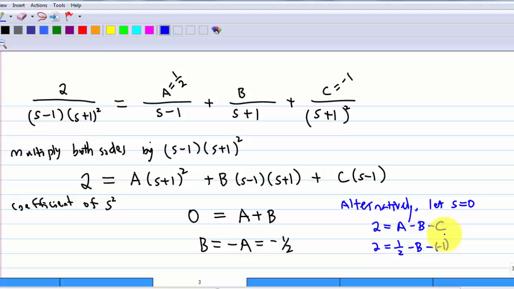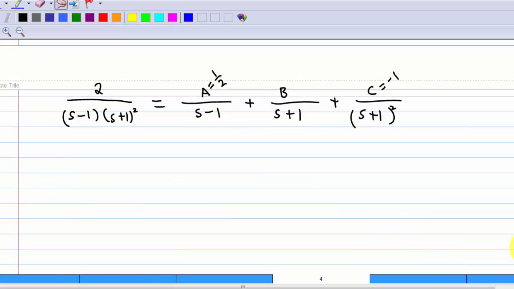From here, you get B equal to minus half again. So we know that B is equal to negative half.